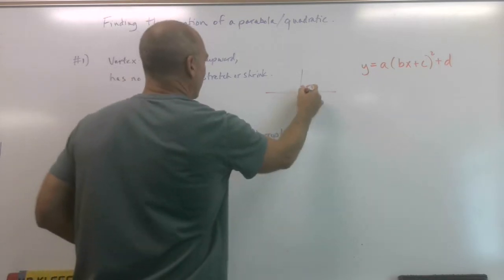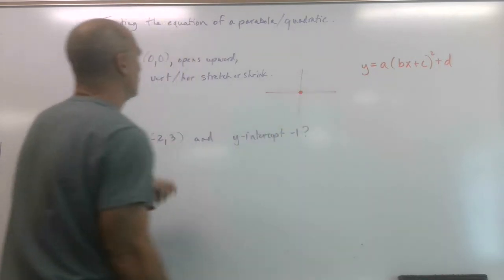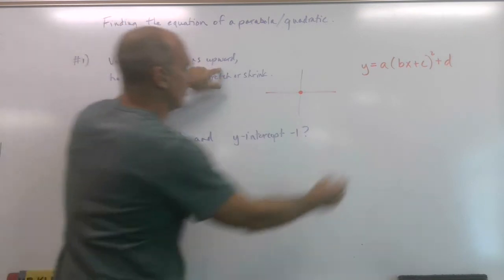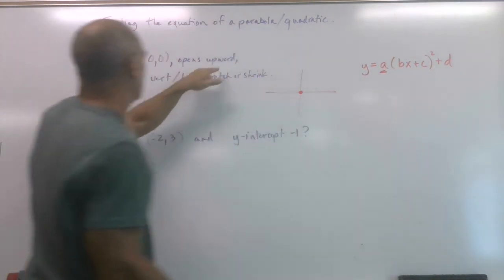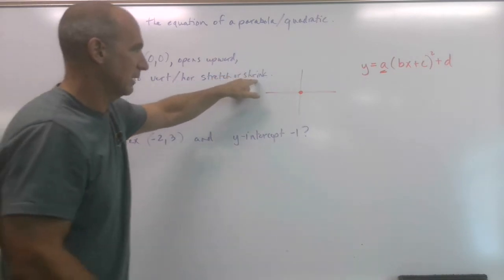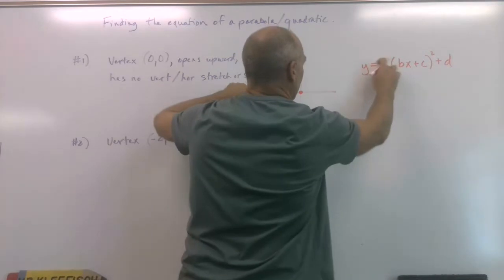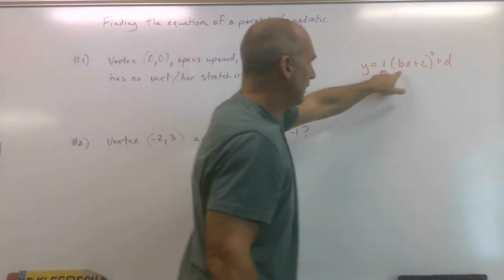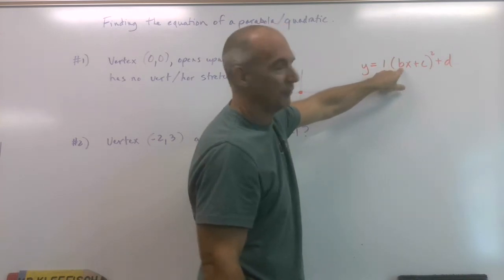So my vertex is 0, 0, and it opens upward. That means A is positive and has no vertical or horizontal stretch or shrink. That also means this is a 1. Now, letter B is not going to pop up too often.